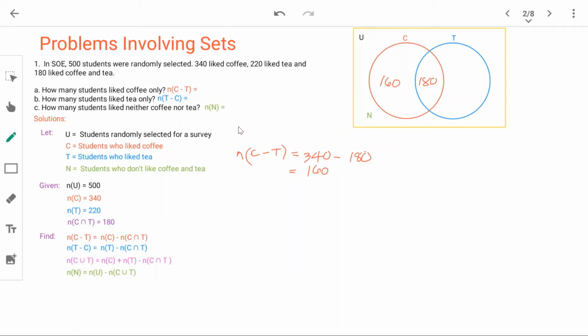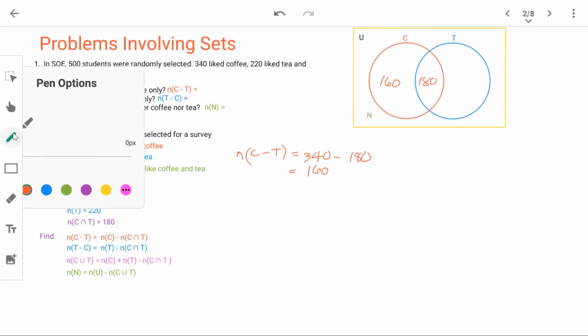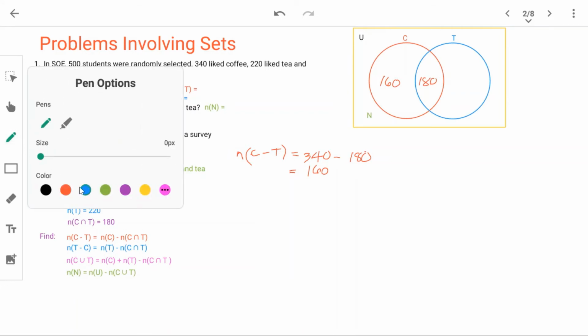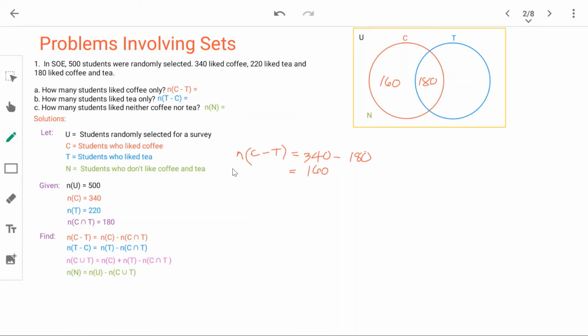Okay, next we're going to find the number of students who like tea only. Okay, this one. Okay, we'll change the color of our pen to blue to give emphasis.